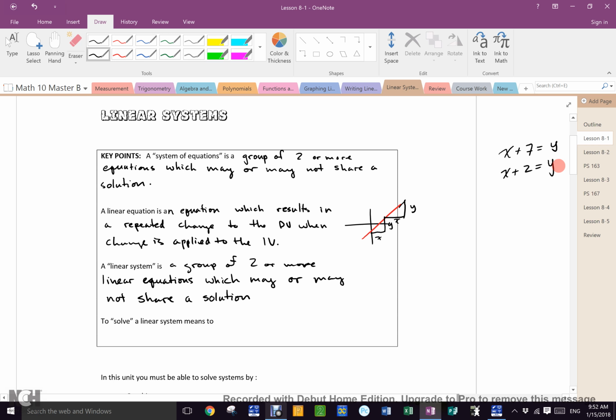Now, to have the solution, I must not only find the x that works, I must also find what? The y that works. Is everybody with me?